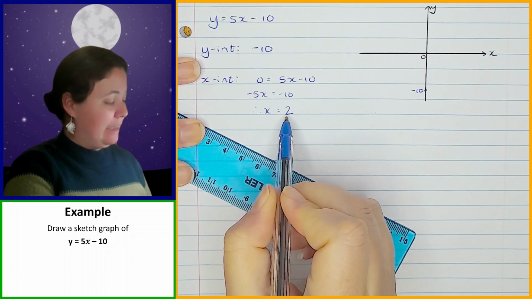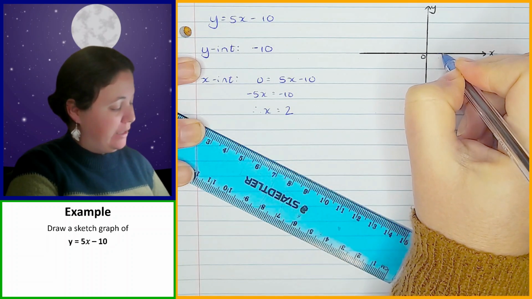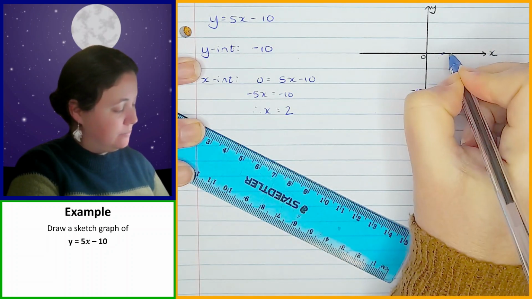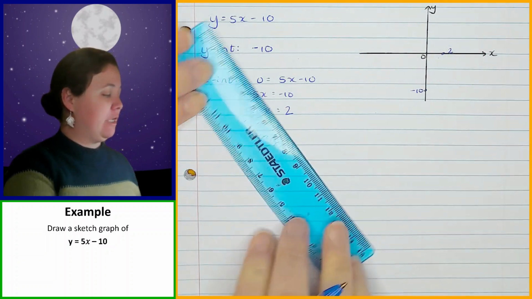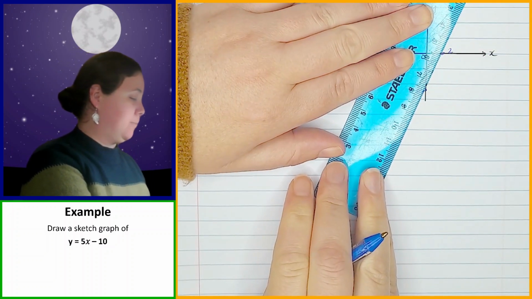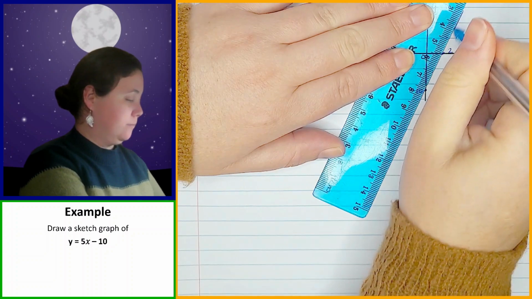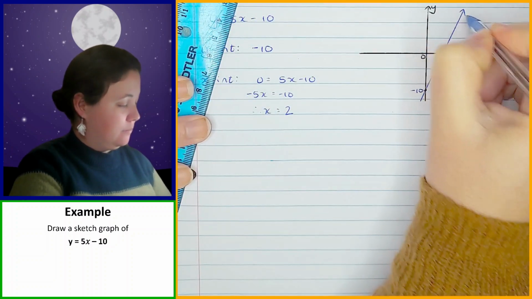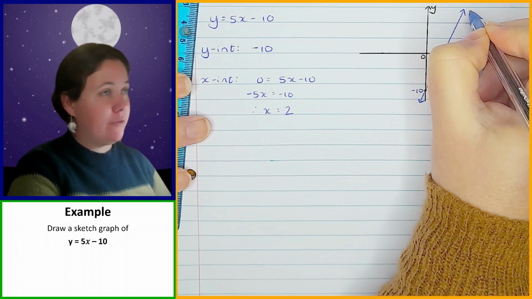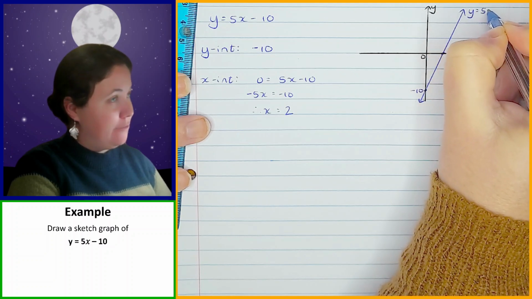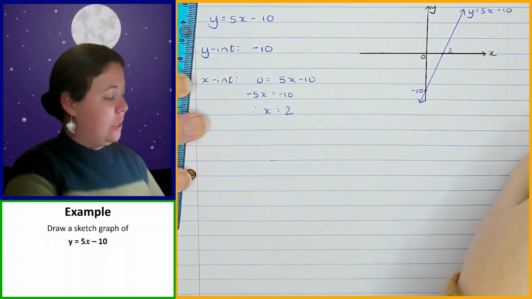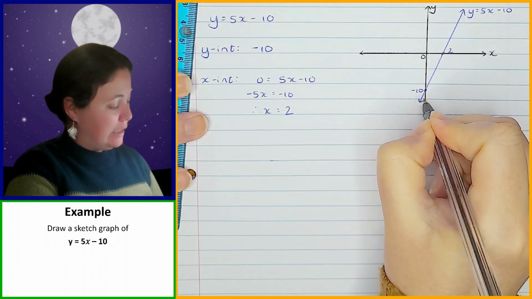And my x-intercept is going to be 2, so that's going to be something like that. Okay, so now I can join that up. And this graph has the equation y equals 5x minus 10. So that is what our graph looks like over there.